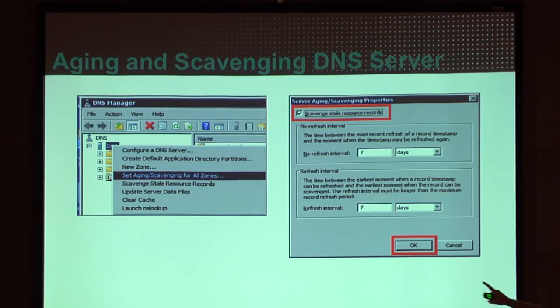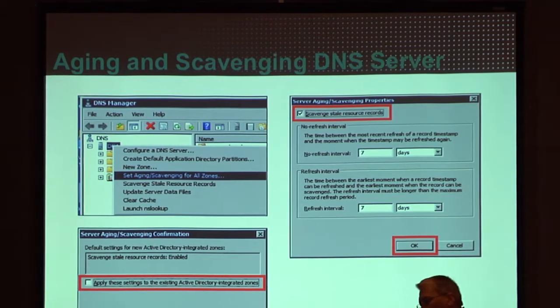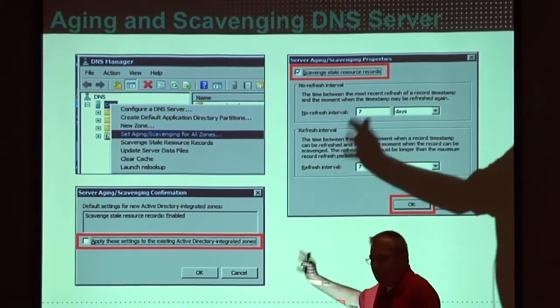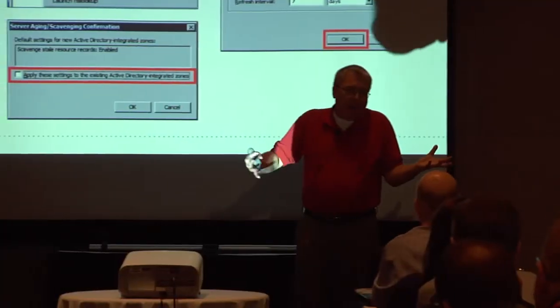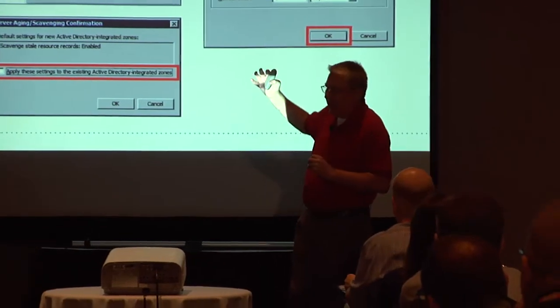All right, so we're going to right-click our DNS server, set aging and scavenging for all zones, click the box, click OK, and then you're going to get this pop-up, which says apply these settings to the existing Active Directory integrated zones. If you click it now, granted, most places I go to, replication is screwed up, DNS is screwed up, so what happens when you click OK, it's supposed to go out there and apply, but sometimes it does, sometimes it doesn't, most of the time it doesn't.